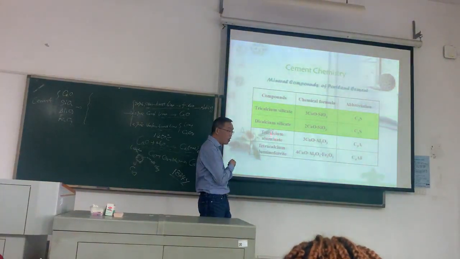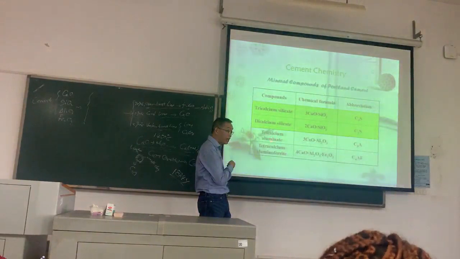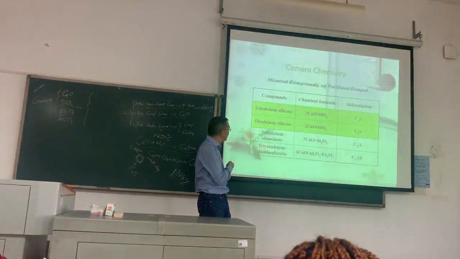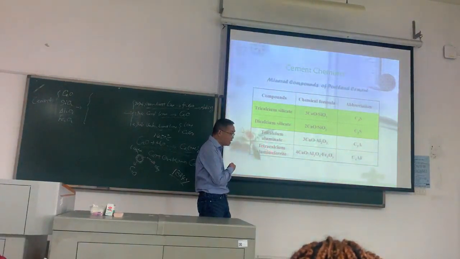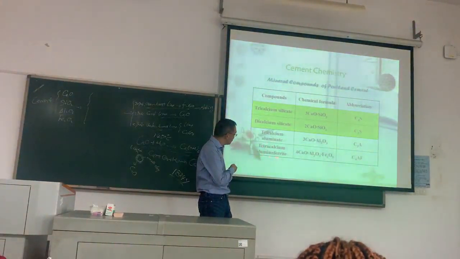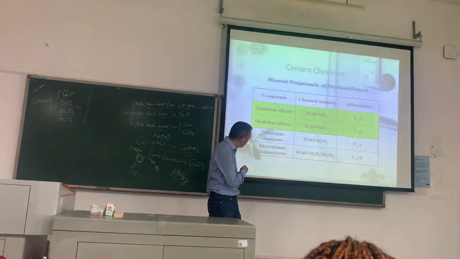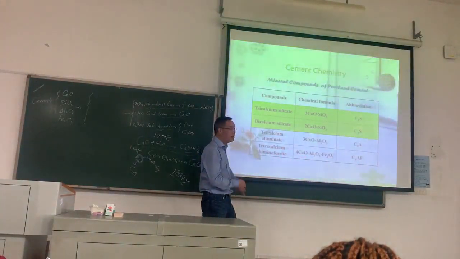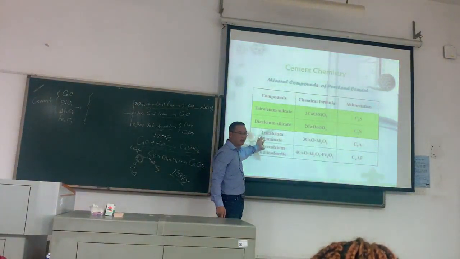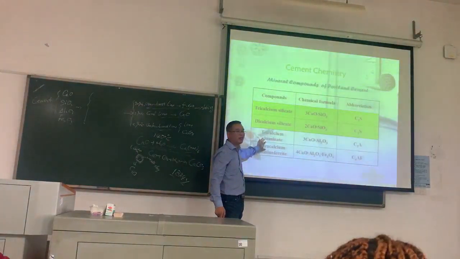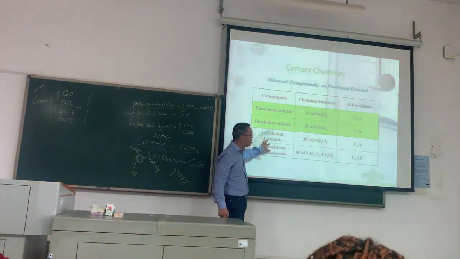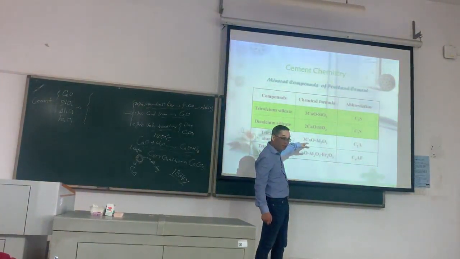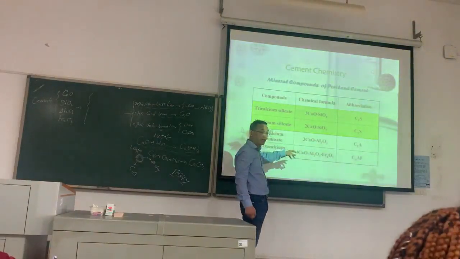And the third one is tricalcium aluminate. And this one is tetracalcium aluminoferrite. Maybe the names of these compounds are difficult for us to remember, but we can look at their chemical formulas.